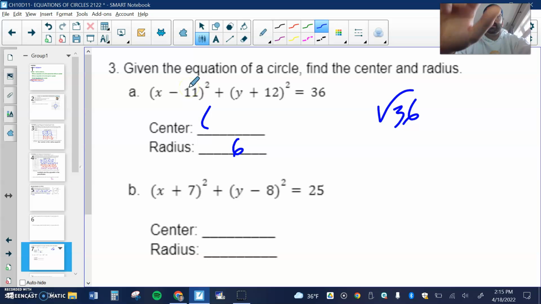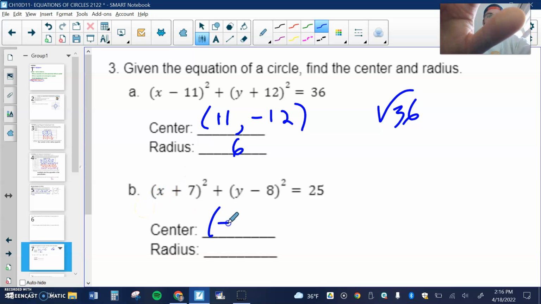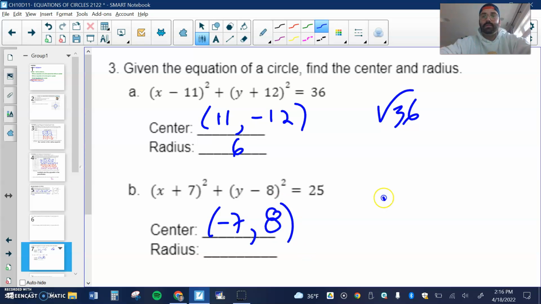So I have a negative 11, so it's 11, then a positive 12, so negative 12. Part B, center, x is positive 7, so it's negative 7. Y is negative 8, so it's positive 8. What's the square root of 25? Oh, that's 5. All right.